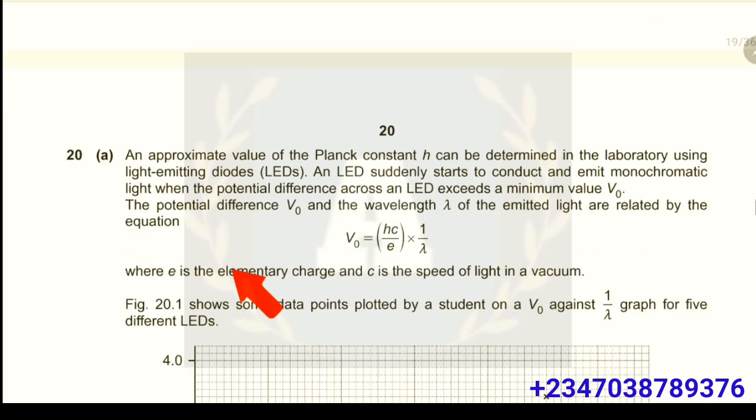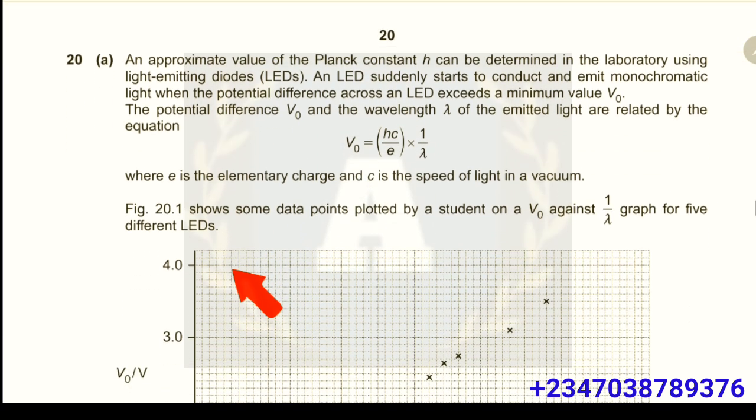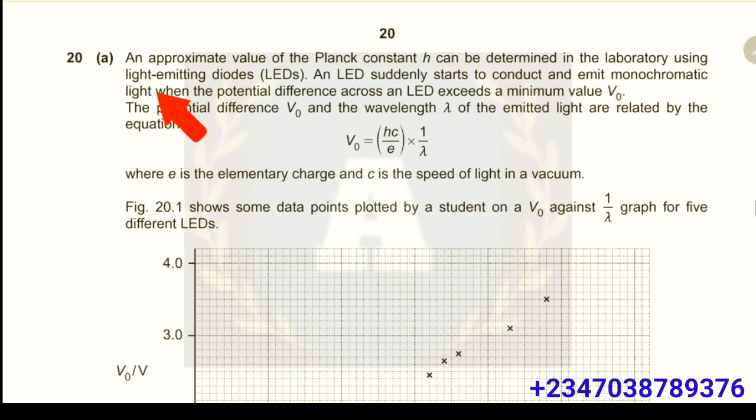Now the next question says, an approximate value of the Planck constant h can be determined in the laboratory using a light emitting diode, LED. An LED suddenly starts to conduct and emit monochromatic light when the potential difference across the LED exceeds a minimum value V0.